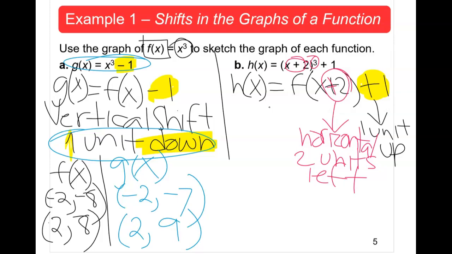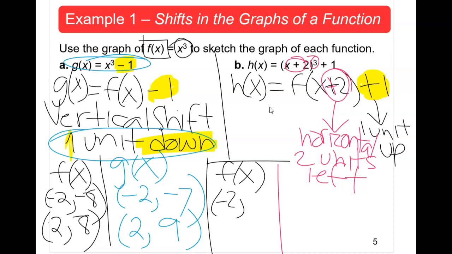Now for the next, for the example on the right side, again, we do have f of x, and I'm going to just use the same points from the parent function. Let's draw them here. So we're going to have the same points -2 comma -8, and then we're going to have 2 comma +8.